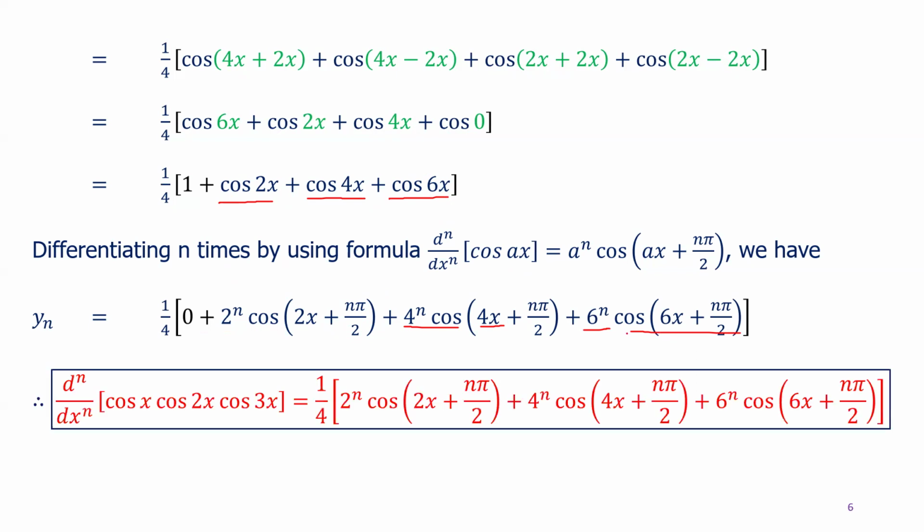If we again simplify it, then the nth derivative of cos x cos 2x cos 3x is equal to 1 upon 4 into [2 to the power n cos(2x + n pi by 2) plus 4 to the power n cos(4x + n pi by 2) plus 6 to the power n cos(6x + n pi by 2)]. This is our desired nth derivative of the given function. Thank you.